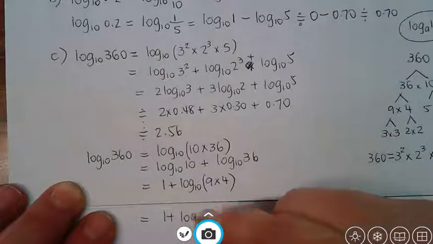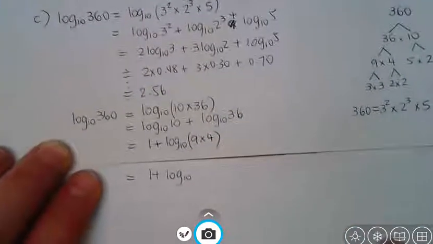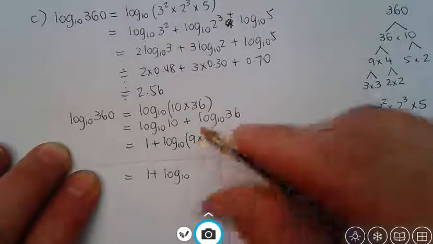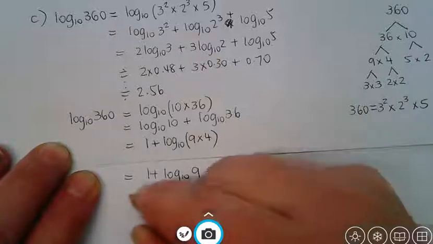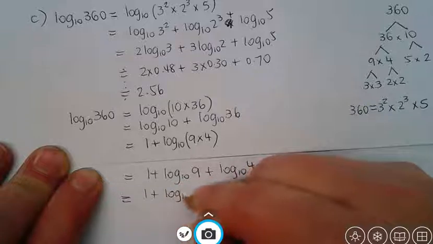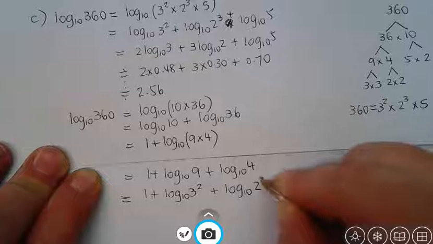Now, look, most people would think of different ways to do it, so any two people probably are not going to do the same thing here. So we're going to break up this log to the base 10 of 9 times 4, which would be log to the base 10 of 9 plus log to the base 10 of 4. Now we don't have the values for 9 and 4, but remember that 9 is 3 squared and 4 is 2 squared.